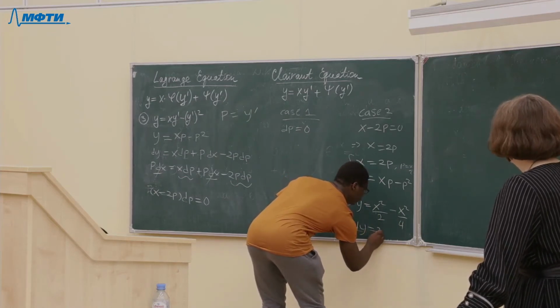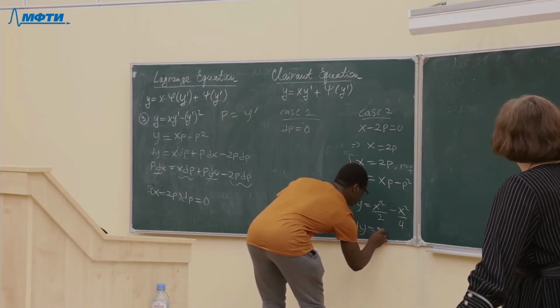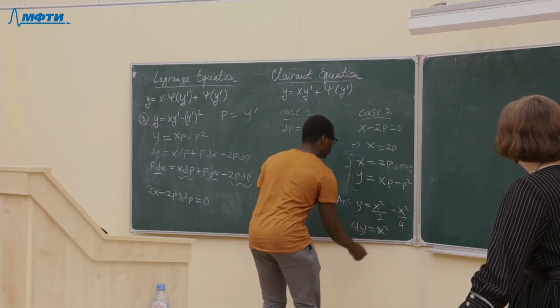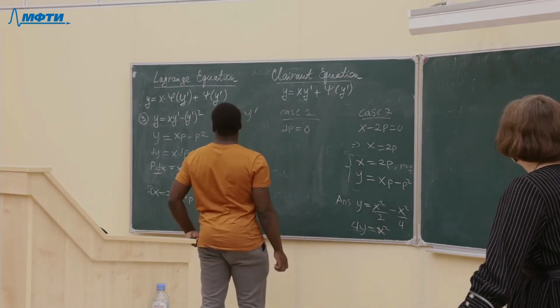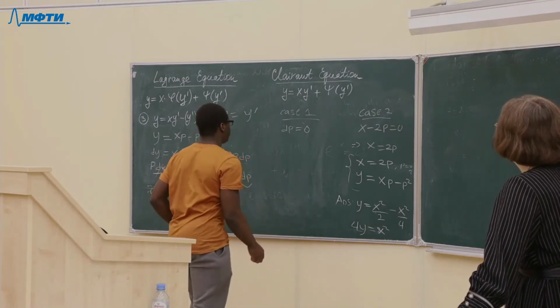X squared, right? Yeah. And the second case, dp equals 0.